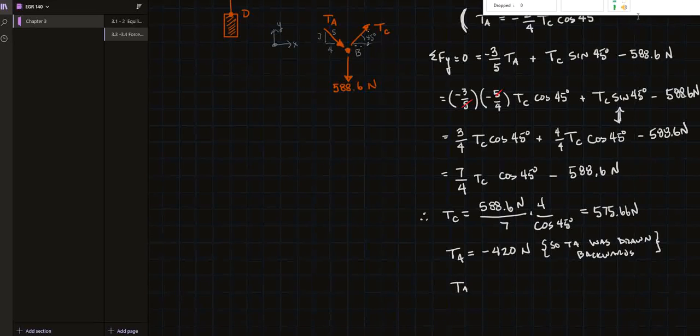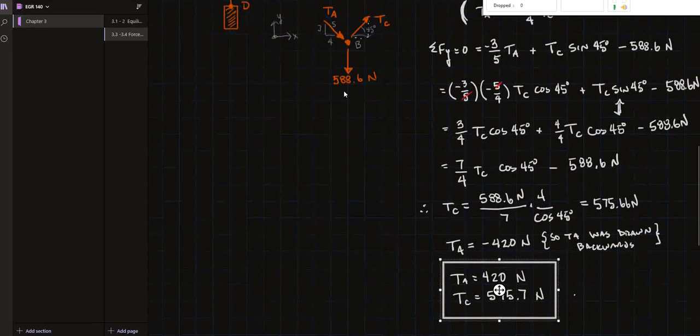So TA equals 420 newtons, and TC equals, I'm going to round this to 1 decimal point, 575.7 newtons. There we go. We should actually attach some arrows here. And then this one points in this direction.